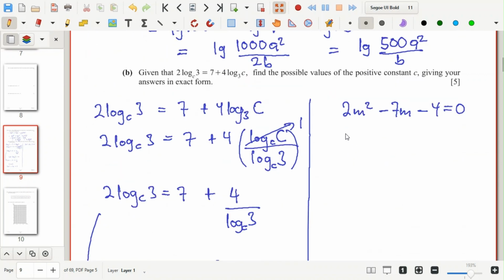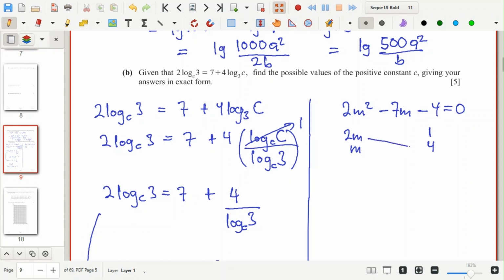All right, so 2m times m will give you 2m squared. Then also, let me see, 1 times 4 is the same as 4.